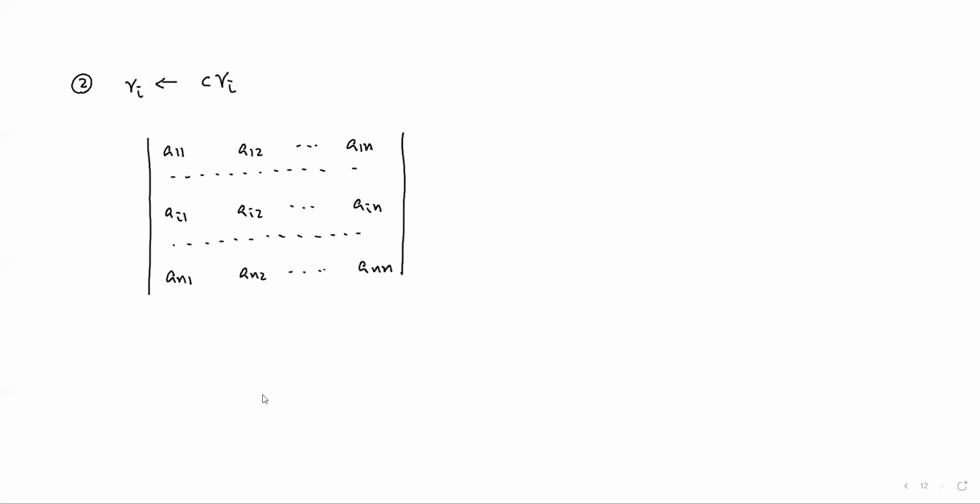Now I multiply row I by a number, say C. Then I have a new determinant. How is the new determinant related to the old determinant?